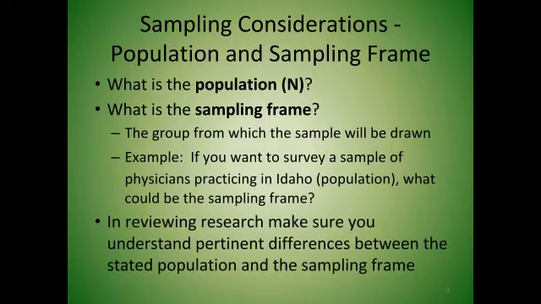So as you review research, make sure you understand if there are pertinent differences between the stated population and the sampling frame. For example, hypothetically, let's say you see a study stating that a particular wellness program is effective in improving the health of university students in general.